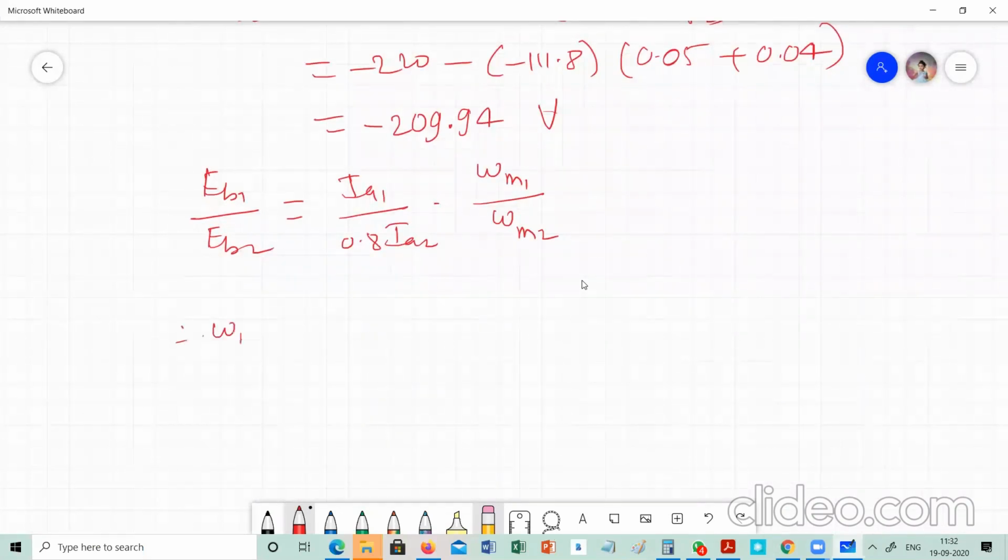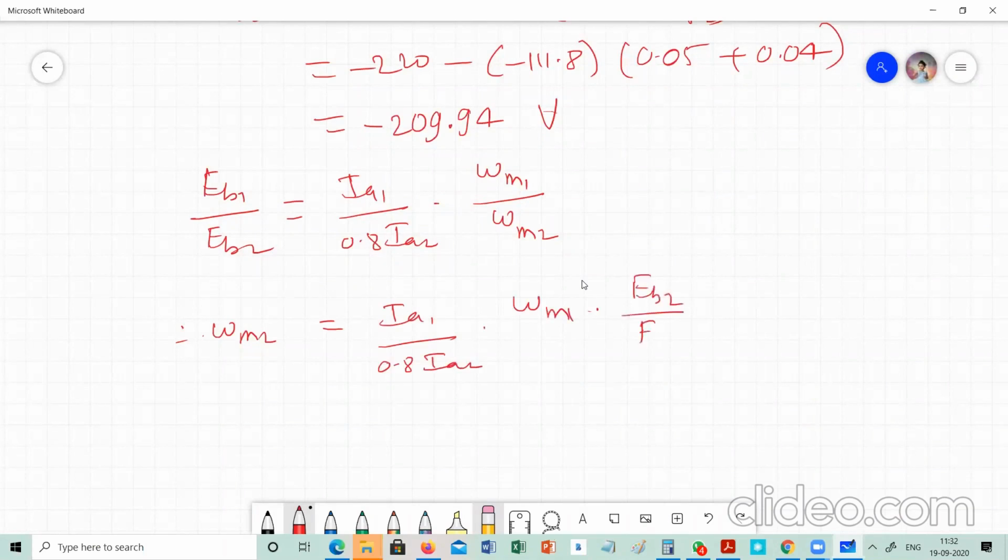Therefore, omega m2 we have to calculate is equal to IA1 by 0.8 into IA2 into omega m1 into EB2 by EB1.